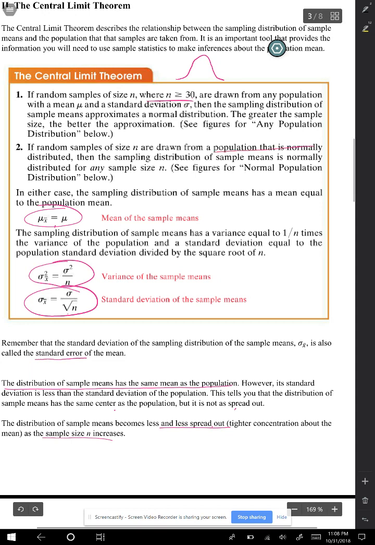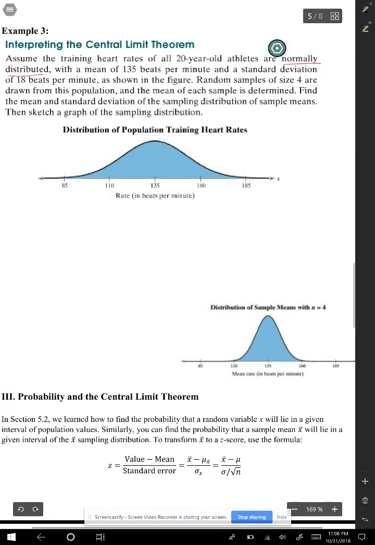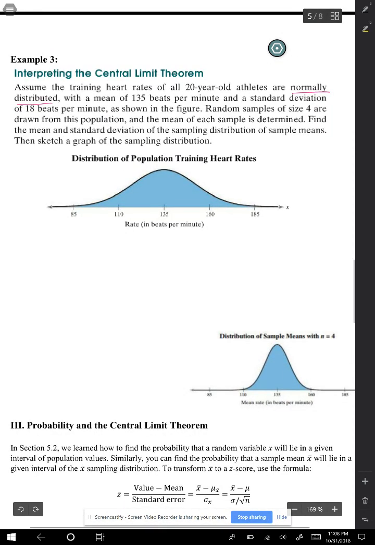But if the population is normally distributed, the sample size doesn't matter. So we can use any sample size. That's what they're telling us here: because we have a normally distributed population, the sample size can be anything. So we're looking again for the mean and standard deviation of the sampling distribution of sample means.